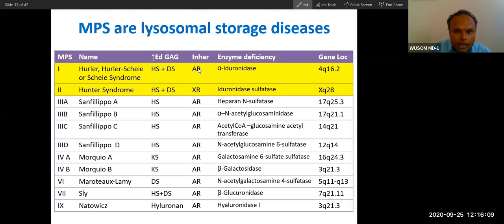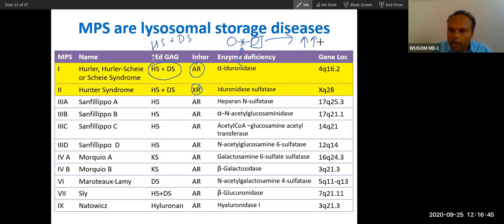You can see here, the first is an autosomal recessive disease. This is an X-linked disease. That is the very basic difference. In both cases, you can see heparan sulfate and dermatan sulfate are accumulated. Heparan sulfate and dermatan sulfate both have iduronic acid. The enzyme that will degrade this, that will cut the bond and remove iduronic acid from this disaccharide, if this enzyme is absent, what will happen?